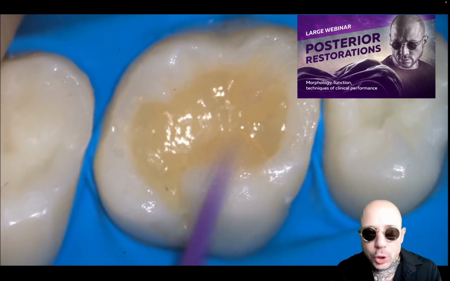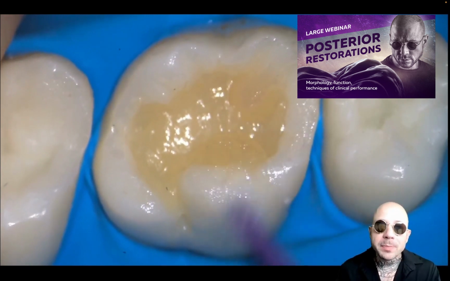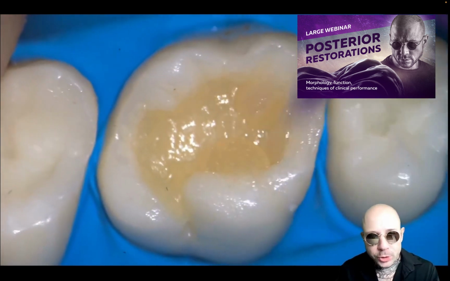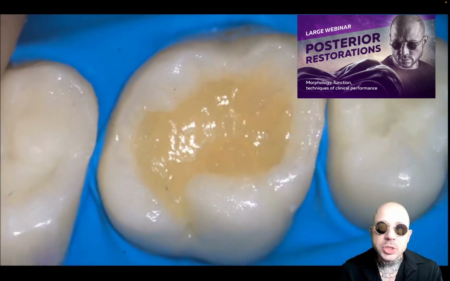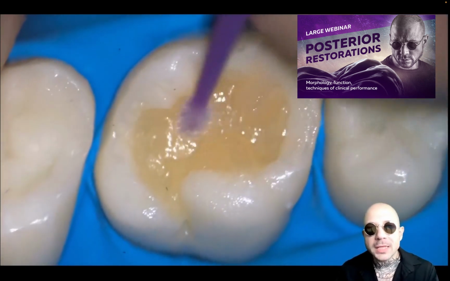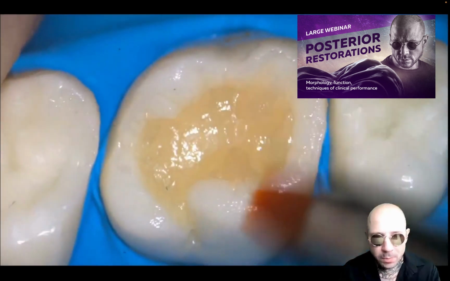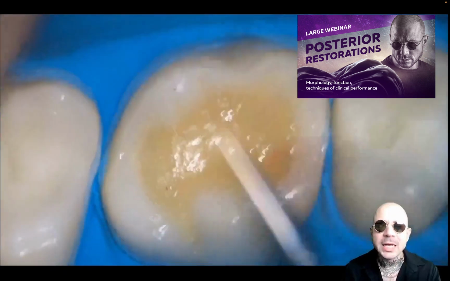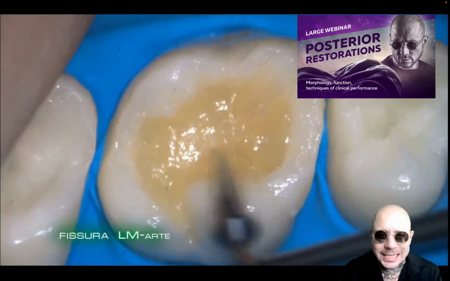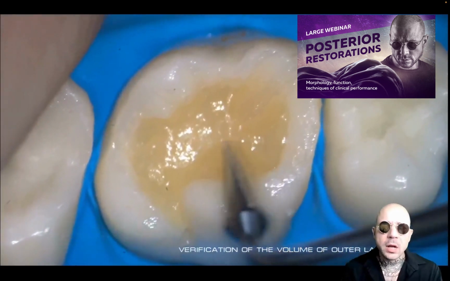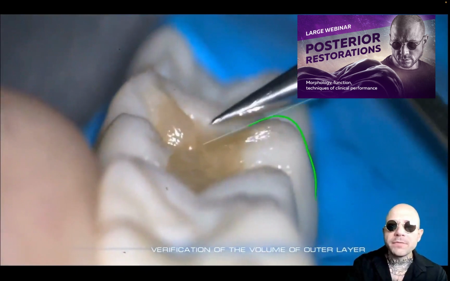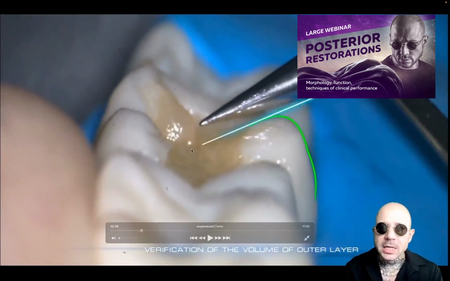And by looking at the tooth with applied but not cured portion, we need to take that mentioned instrument, for example fissura, and locate it under exactly that angle which leftovers of enamel has.